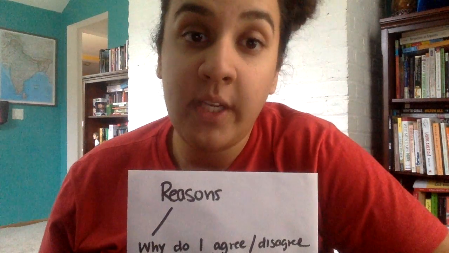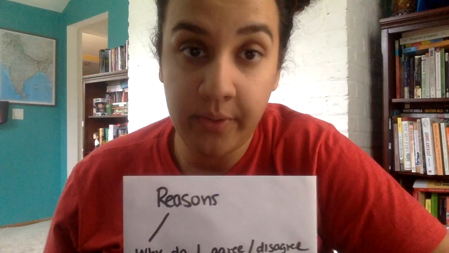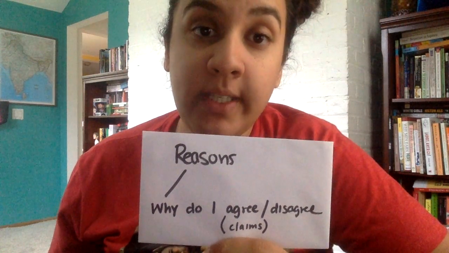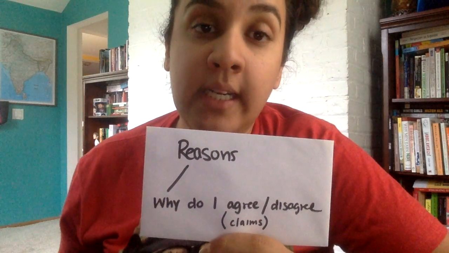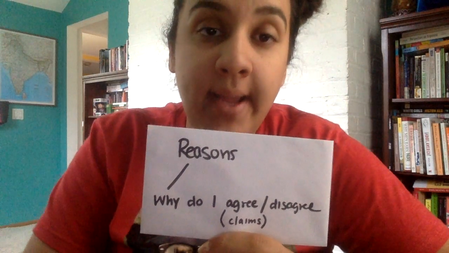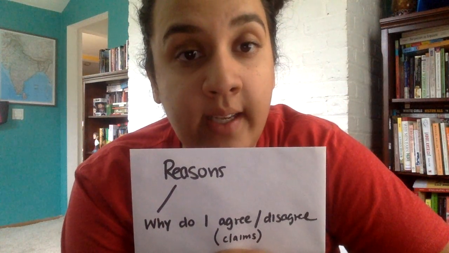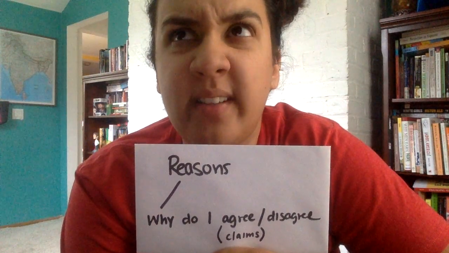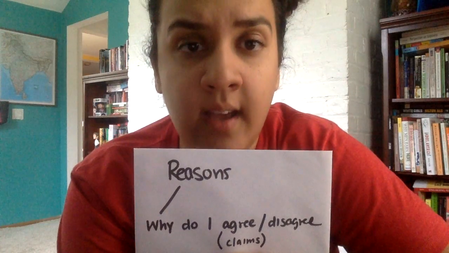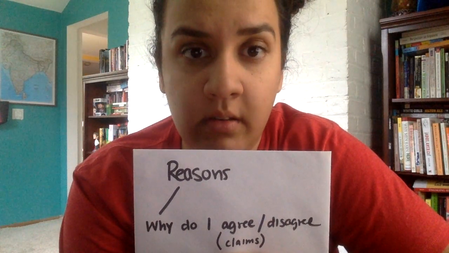Bittman believes we should tax junk food. I agree because if we tax junk food, lower income folks would stop buying junk food, decreasing the amount of obesity and heart disease illnesses, period, right?